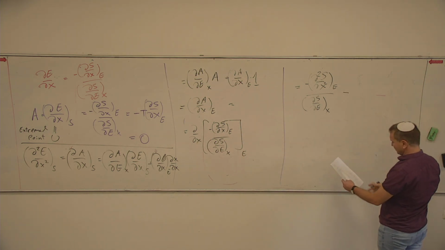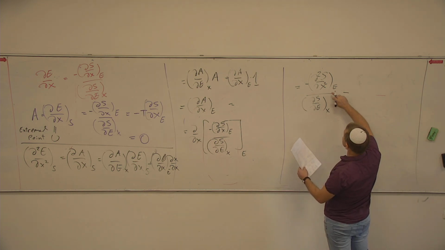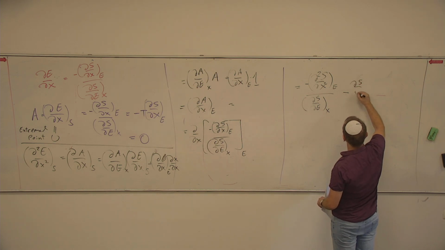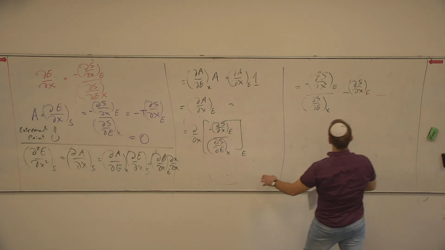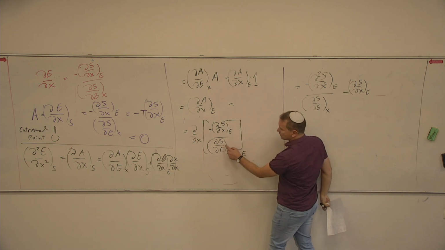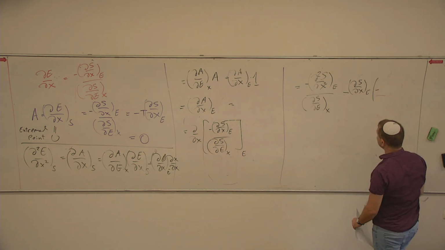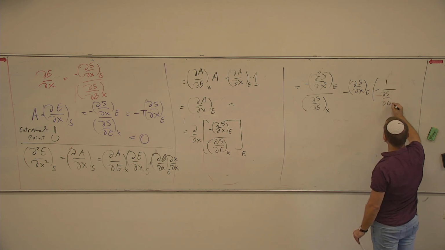And the second guy is dS/dx. So we'll have minus dS/dx at E from this. And I'm taking the derivative of 1 over dS/dE at x. Okay, so it is minus 1 over dS/dE at x squared.